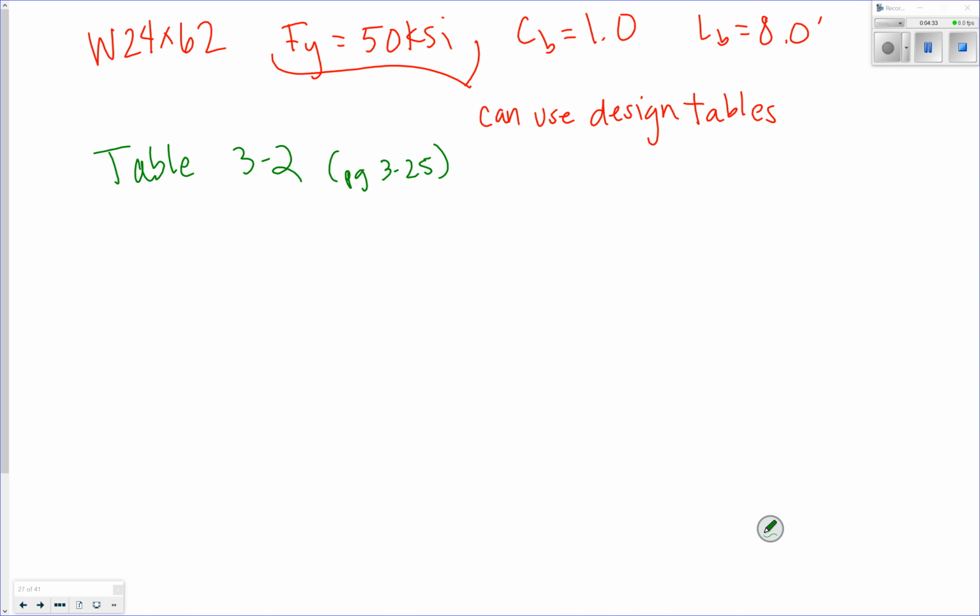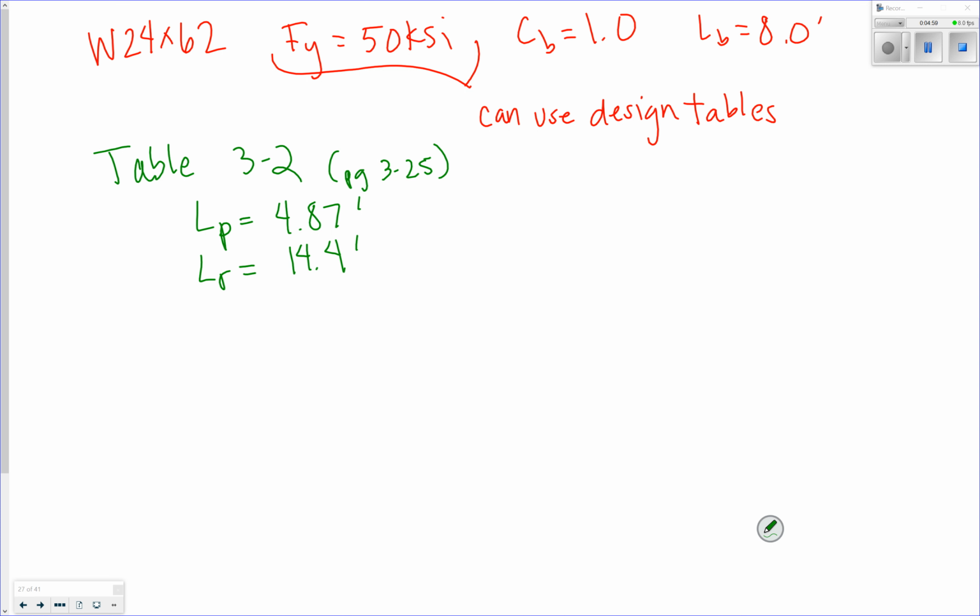I go across and I find my length associated with my maximum plastic moment. Lp is 4.87 feet. Lr, where I begin to have inelastic lateral torsional buckling, is 14.4 feet.